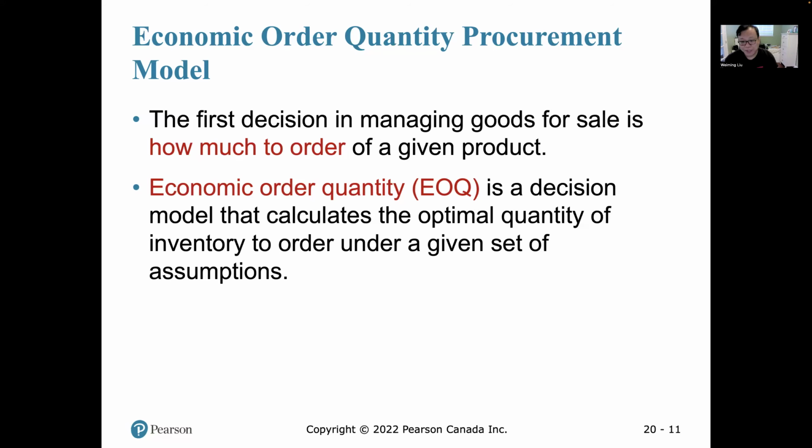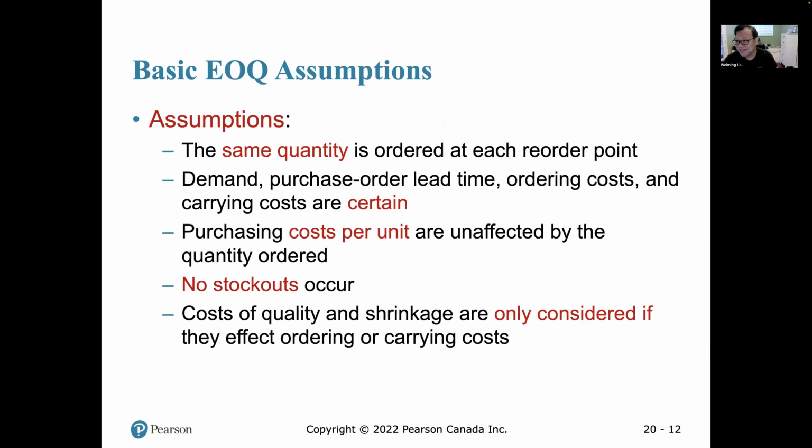This model is based on a set of assumptions. The first assumption is that at each reorder point, they reorder the same quantity. So every 2 weeks, I order 100 units. Demand, purchase order lead time, ordering cost, and carrying cost are certain.